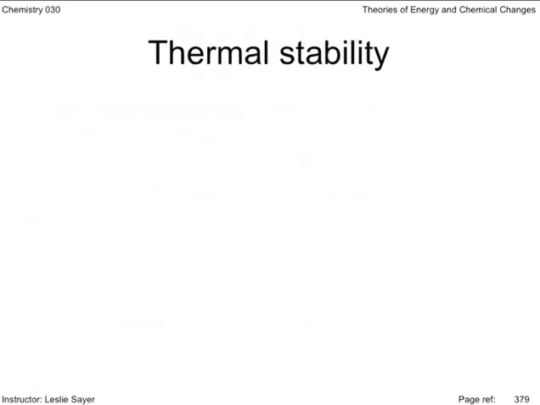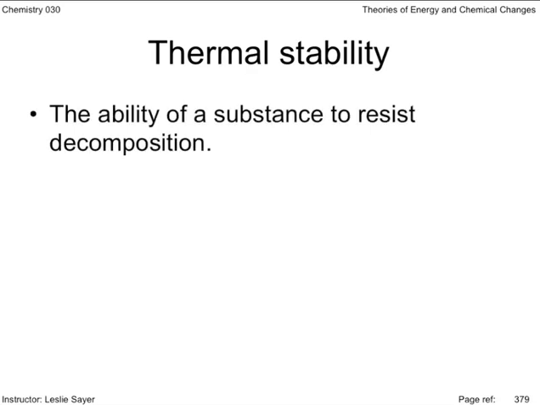Thermal stability. The ability of a substance to resist decomposition is called thermal stability. You might have noticed in your data book that nearly all the formation reactions are exothermic, that is, the system releases energy as the product is formed. A decomposition reaction is the opposite to a formation reaction, and so is the change in enthalpy.